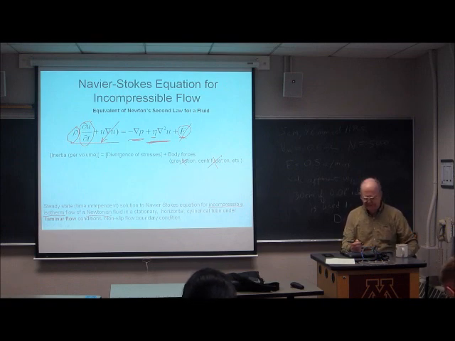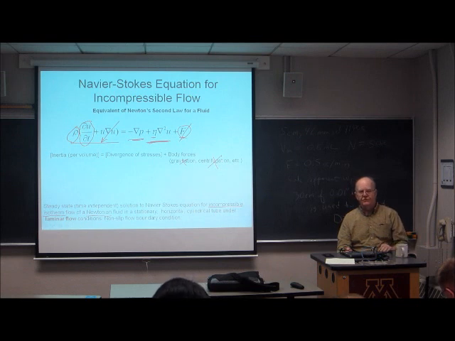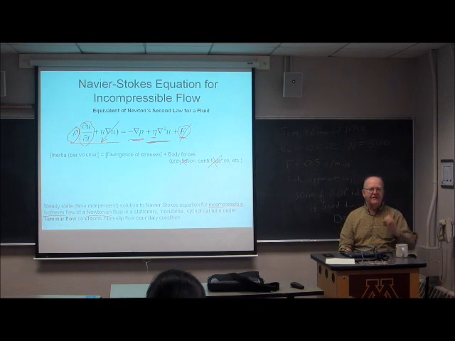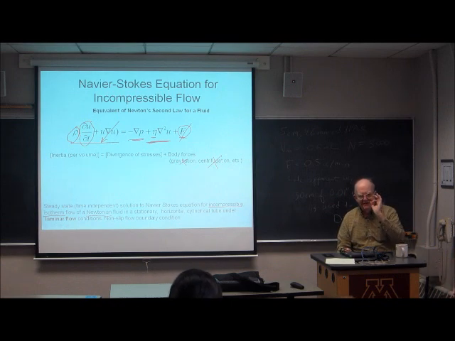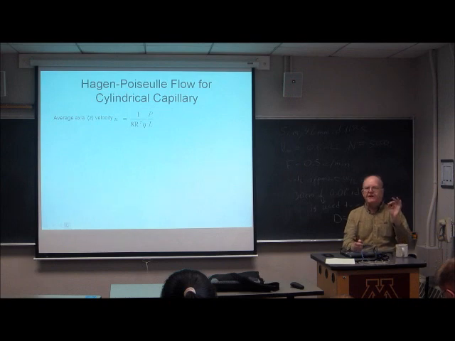So it turns out that this equation was then solved for the case of a cylindrical tube, not a square tube, not a rectangular tube, not a slit, but a circular tube by Hagen and Poiseuille. And what they found is that there's really only one kind of velocity, and that is that there's velocity in the direction of the tube.